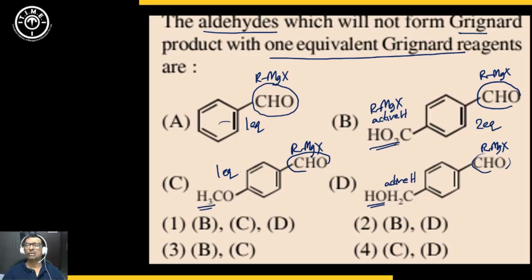So this is again 1 more RMgX required here. So this also requires 2 equivalents. So B and D require 2 equivalents, not just 1 equivalent. So B and D or option 2 is the answer. I hope this is clear. So A and C require only 1 equivalent of the RMgX.